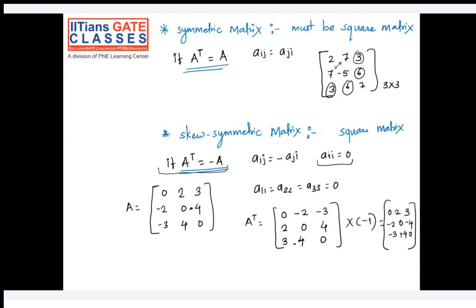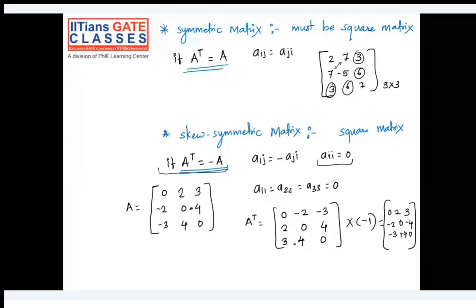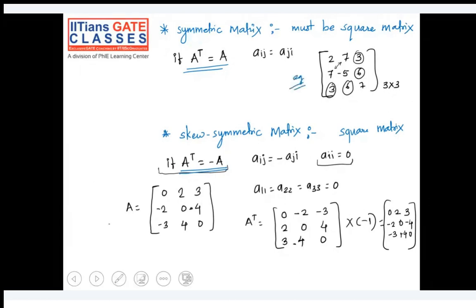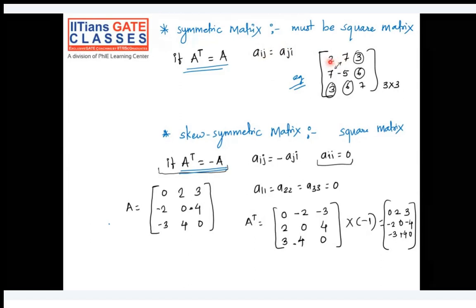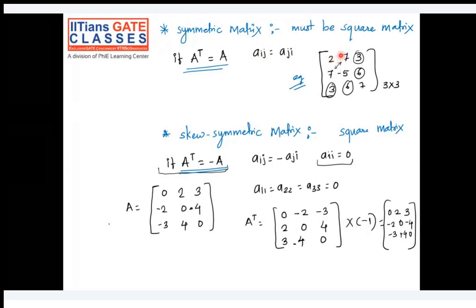So we have an example here for the symmetric matrix. You can clearly see the basic idea about the symmetric matrix is aij is equal to aji. So for example, a12 equal to a21. Complementary terms are there, they are same. So here we have 7, here also we have 7, here we have 3, here also we have 3.